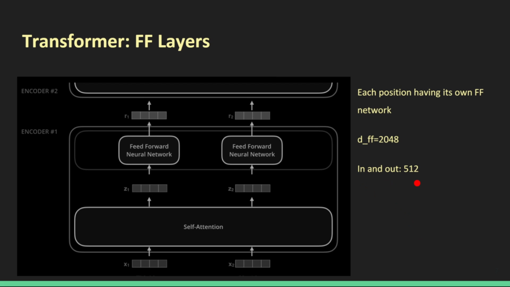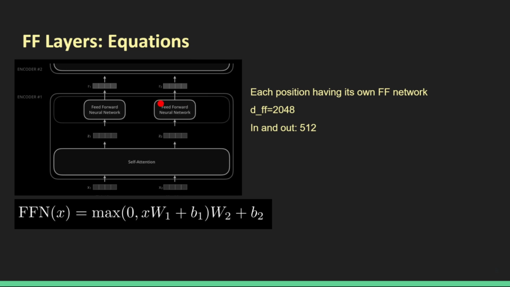Both input and output vectors are 512, as shown earlier. These feed-forward networks within the layer are identical. They use the same weights within the layer. But if you go to the next layer, it would be a different set of parameters. So within the layer, they're identical. Across layers, they're different.